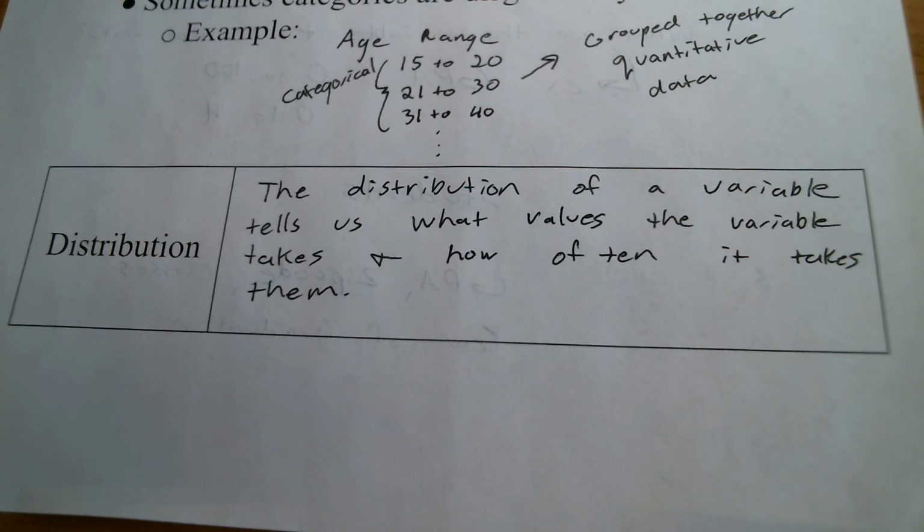How many people are 15? How many people are 16? It gives you a summary of everything that exists in the data set: what are all the possible values, and how often does each occur? We're going to spend a lot of time looking at different distributions, describing them, and figuring out what they tell us and what they don't tell us.